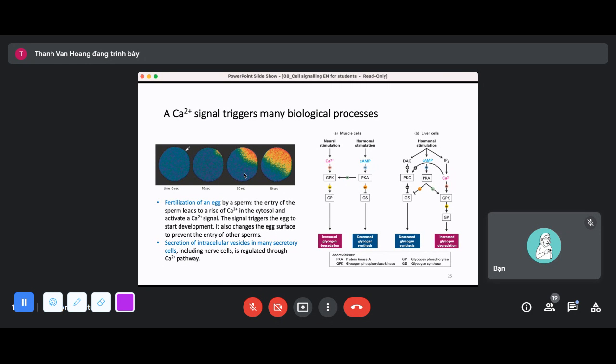So when the neuron's synapse is activated by the calcium signal, it is going to secrete acetylcholine into the synapse. So we learned about signal conduction through G protein coupled receptors, through which the activity of the G protein changes, and the G protein activates or inhibits subsequent enzymes like adenylate cyclase or PKC.